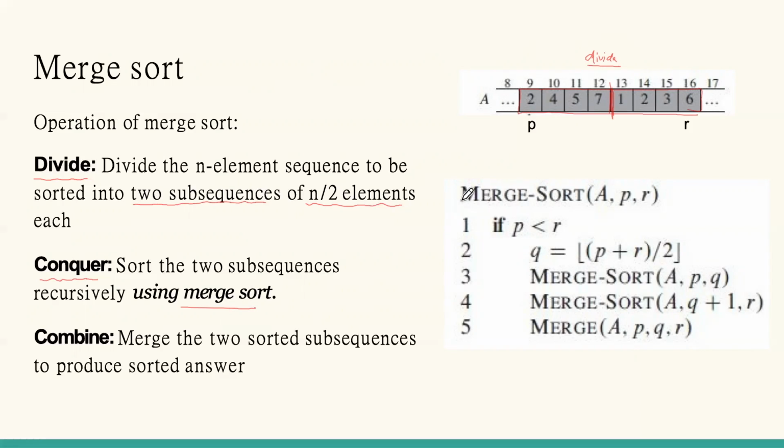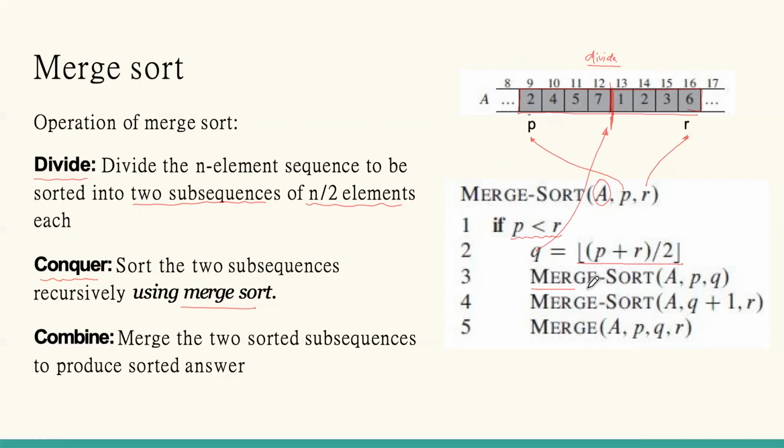So if we look at the algorithm, given an array A with starting index P and ending index R, what we do is we check if we have at least one item by checking whether P is less than R. And then we break the array into 2 pieces, taking the middle element index, Q, which will go in the middle.